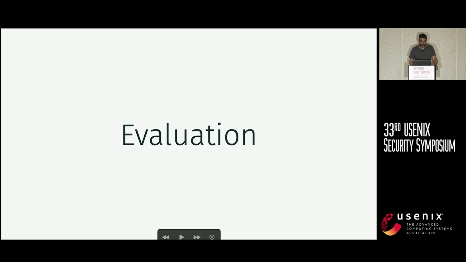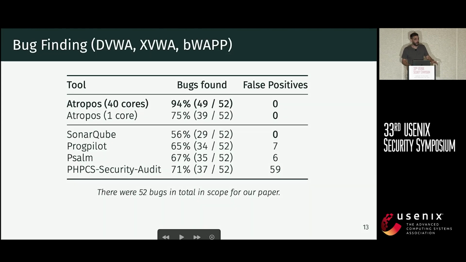So as for the evaluation, we've evaluated against static analysis tools, a bunch of other tools outlined in our paper. But I just want to highlight those because, as you can see, even Atropos just running on a single core finds more bugs than the state-of-the-art static analysis tools. And with fuzzing, you can, to a certain degree, scale the performance by just adding more resources to it.